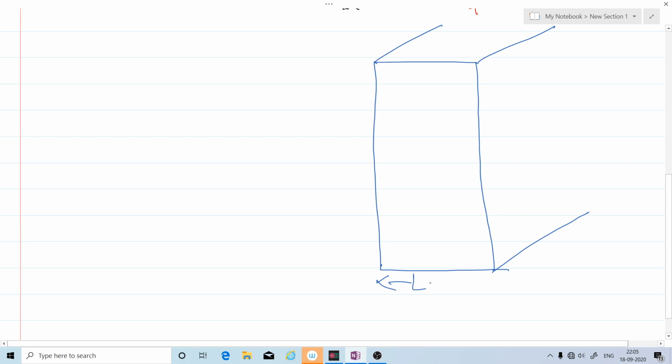The thickness of the slab is L, and the left and right faces of the slab are at different temperatures.